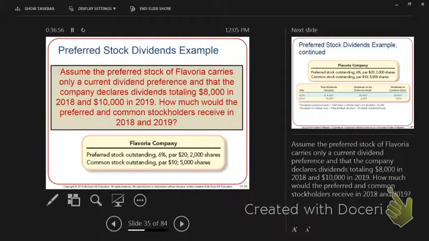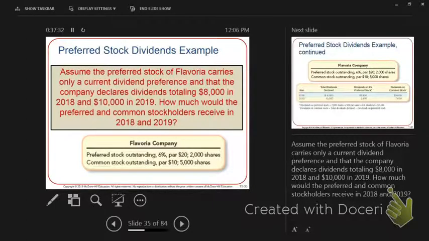Right here is how stocks are shown, and we'll look at a balance sheet again. Preferred stock is listed as preferred stock outstanding 6%, $20 par, 2,000 shares. Underneath it, it will say common stock outstanding $10 par, 5,000 shares outstanding. The key thing to pay attention to is that the preferred stock says 6%, $20 par, 2,000 shares.